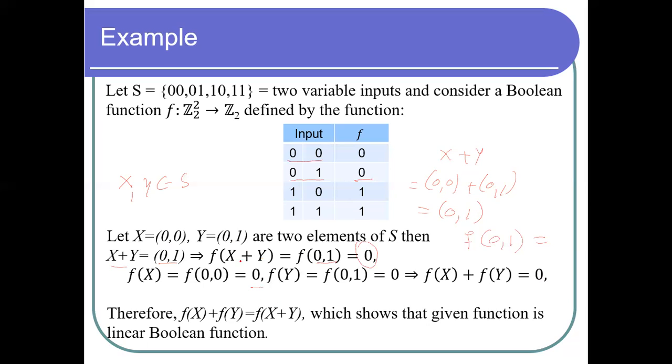So when f is applied on the addition of x and y, and when you individually add f of x and f of y, the results are the same. So in that case, the f given here is a linear Boolean function.